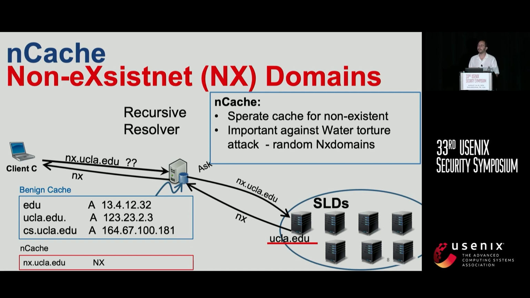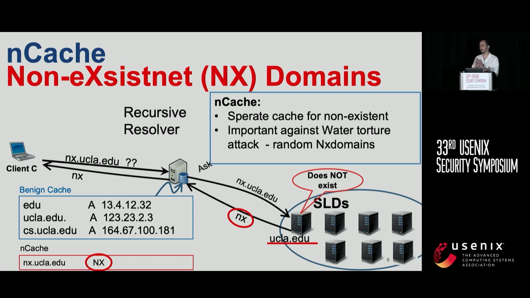When the domain does not exist, the recursive resolver asks, here in this example, for nx.ucla.com, and the SLDs answer that this domain does not exist. So here you can see this is the negative cache, and the recursive resolver saves this answer in its negative cache.